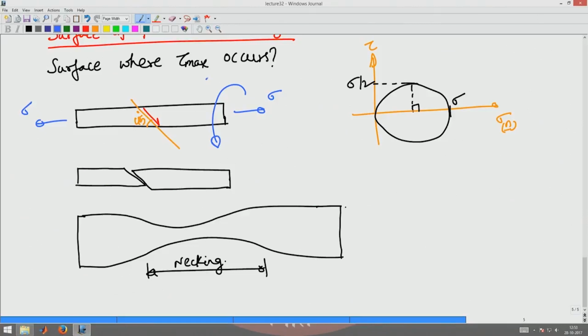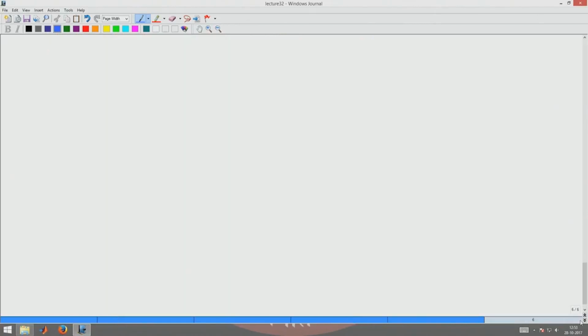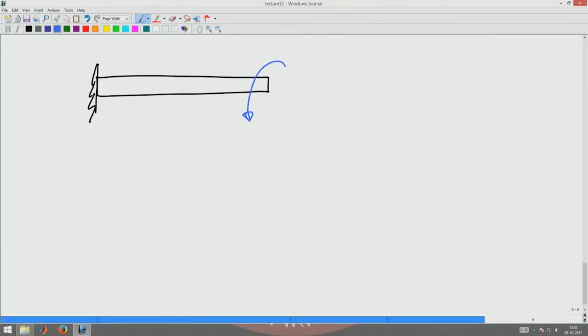I fix this end and subject it to a torsional moment T. When I subject this to a torsional moment, the maximum shear stress occurs in the plane of the problem.